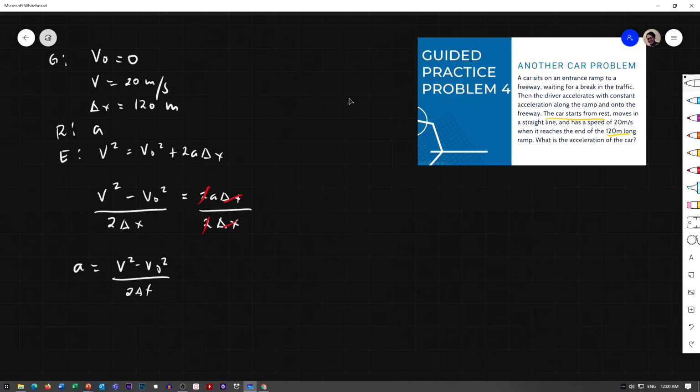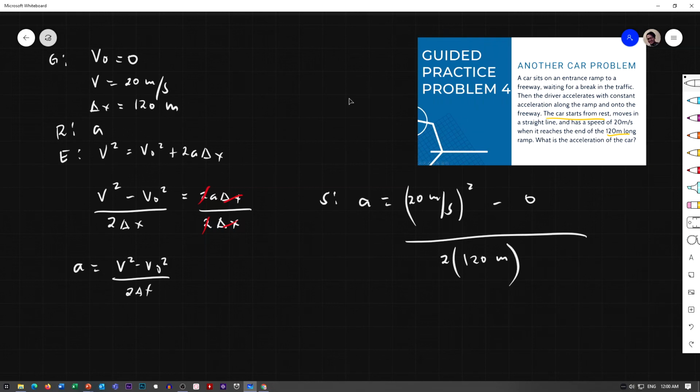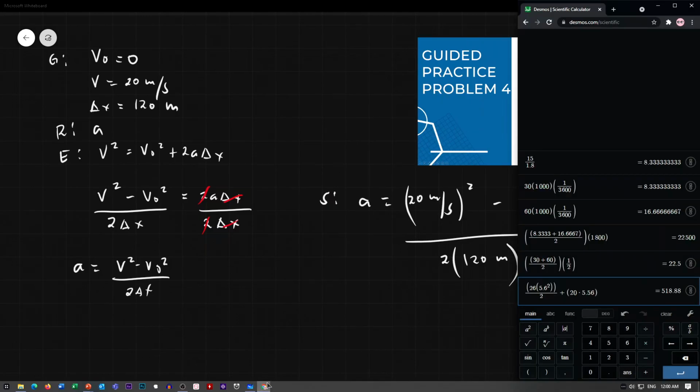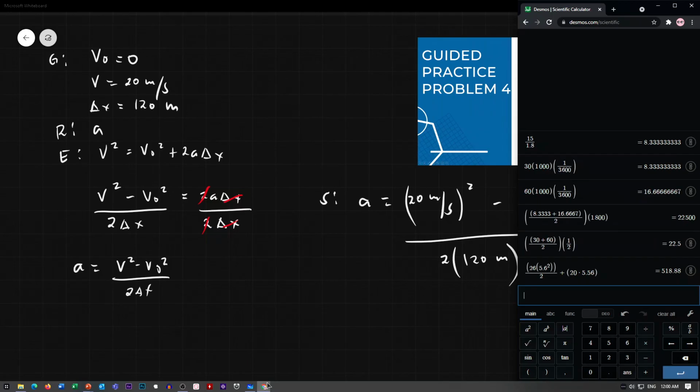For your solution, just substitute. So you have a is equal to, what's our v? 20 meters per second to be squared. Minus, so that's 0. Divide by 2 times 120 meters. There. So let's proceed on answering that.